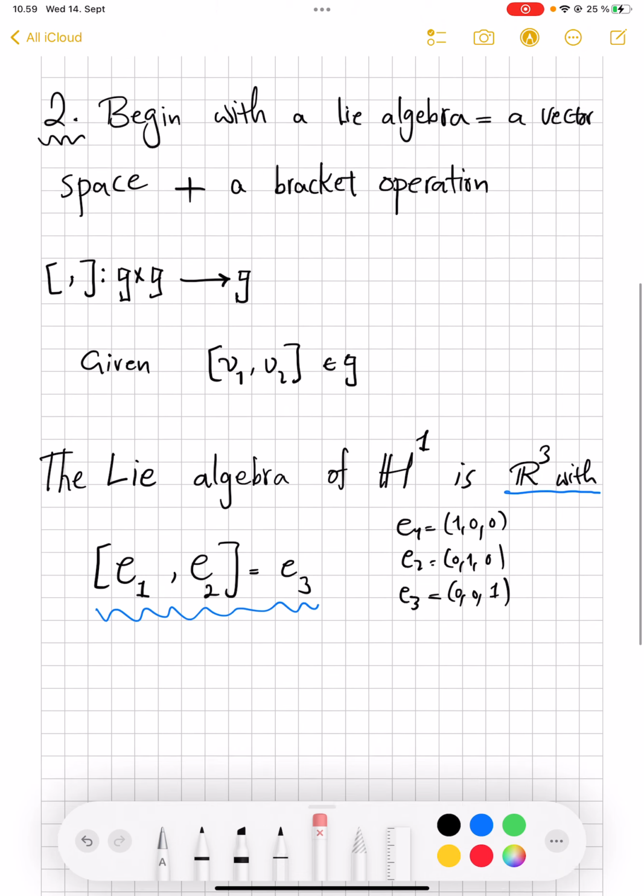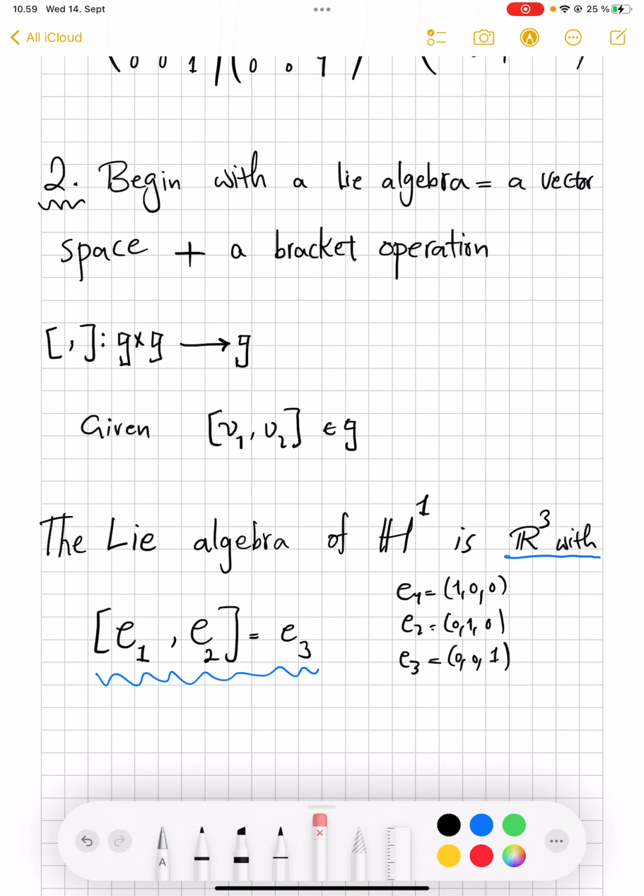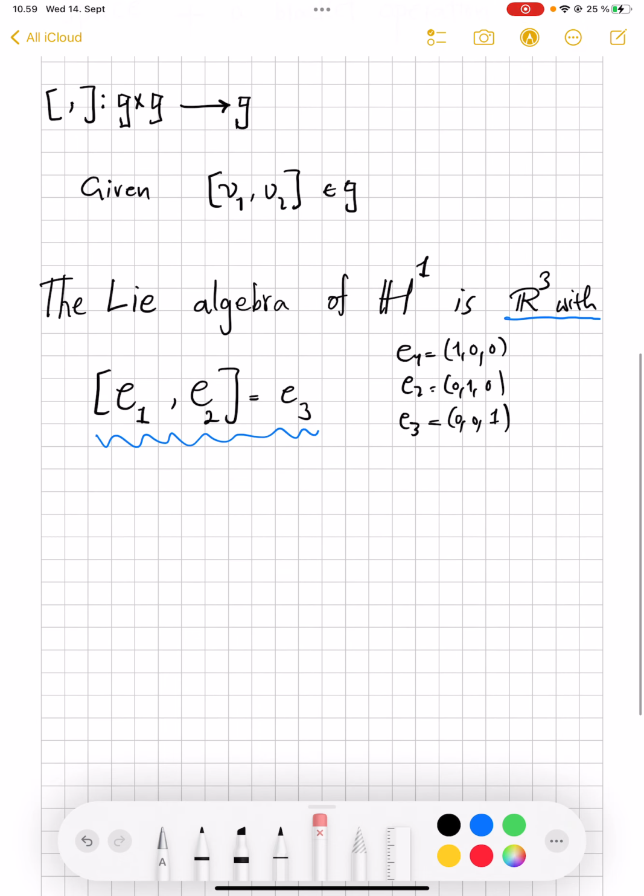Okay, now you have just a Lie algebra. We want to get to a Lie group, because remember H1 is a Lie group. And here is where there are important theorems.